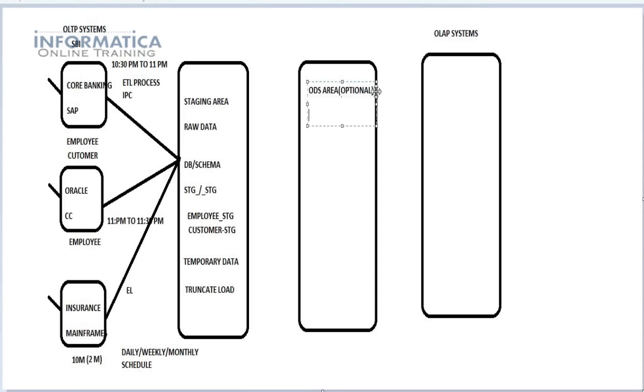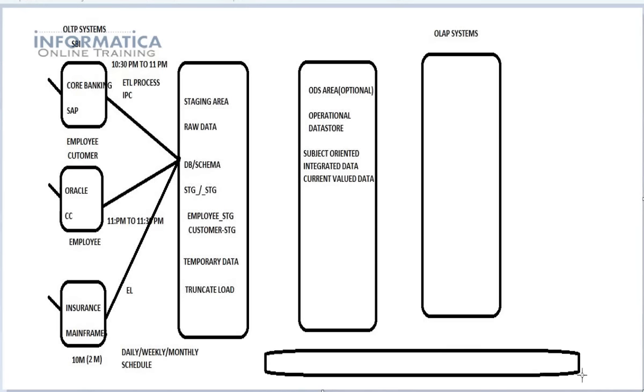ODS is an operational data store where you have subject-oriented data, integrated data, and current valued data. With data of this importance, the ODS area is required for operational reporting. You can perform the reporting on the ODS area.